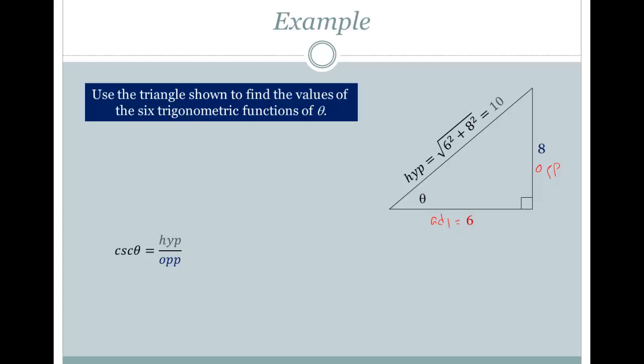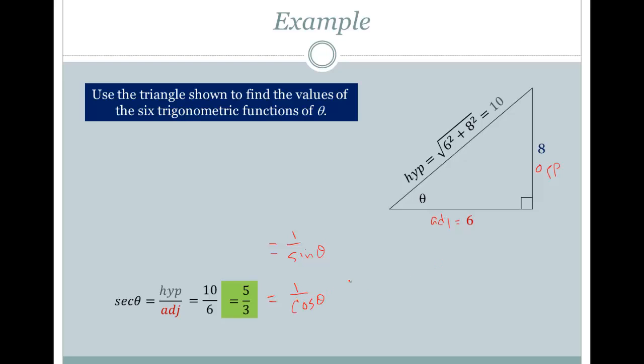Cosecant is hypotenuse over opposite, so that should be 10 over 8, or 5 over 4. And if you note from before, this is equal to 1 over sine of theta. Secant is hypotenuse over adjacent, which is 10 over 6, or 5 over 3. And this one is 1 over cosine.